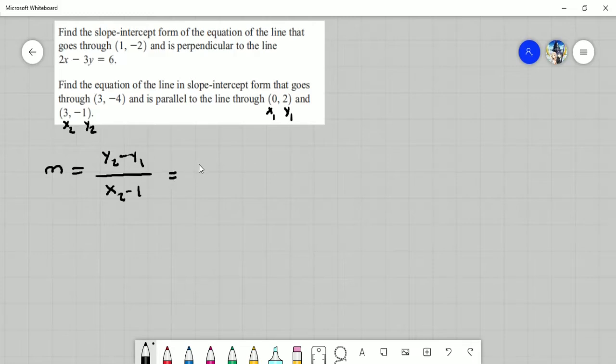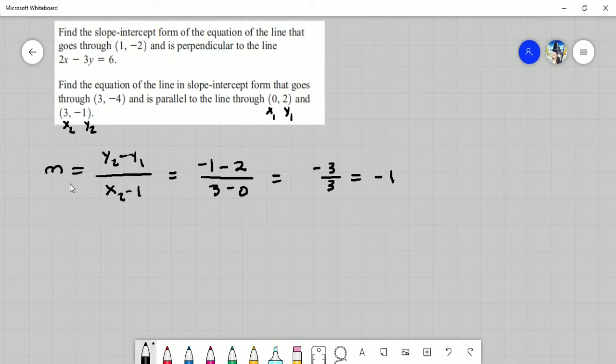We substitute: -1 minus 2 divided by 3 minus 0. This gives me -3 over 3, which simplifies to -1. So if the slope of the line through these 2 points is -1, the slope of the line we're trying to find is also -1, because parallel lines have equivalent slopes.